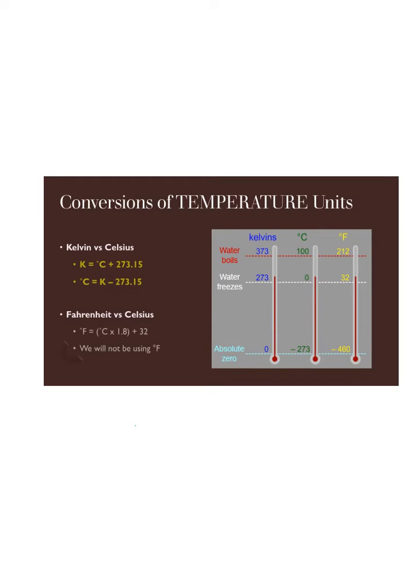In this class, we will be avoiding Fahrenheit as much as possible. There's a couple times that we will use it, but basically we'll be using Celsius and Kelvin depending on what type of equations we're going to use. So we just need to convert it. The conversion between Kelvin and Celsius is really easy. You're just adding or subtracting 273.15. That's unitless, and it gives you Kelvin. Kelvin, again, is not degrees Kelvin, it's just Kelvin.